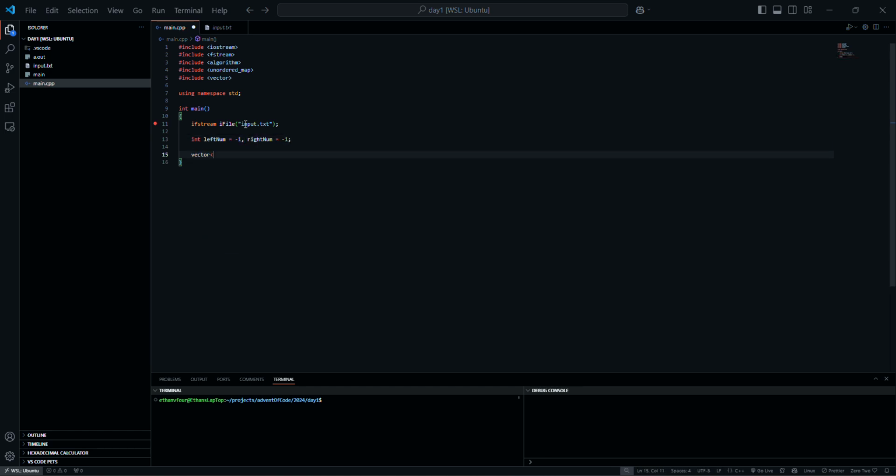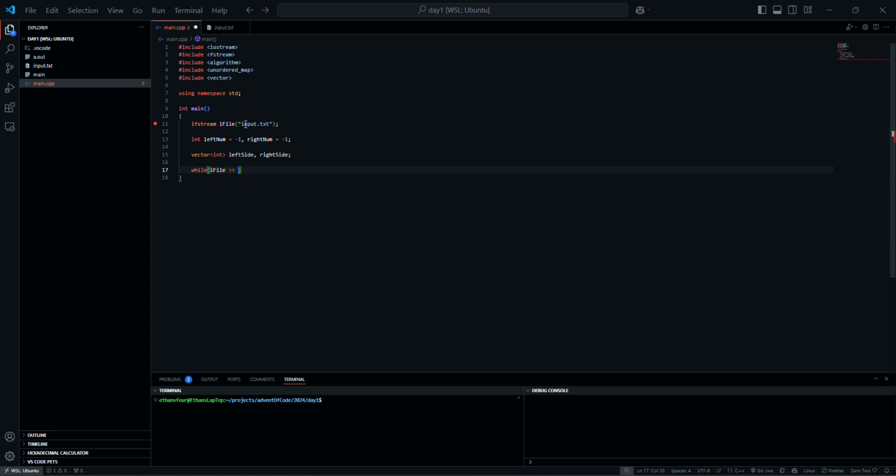And now I have a vector for both. So vector int, I'm gonna have left side and then right side. So it's gonna be the left side of the numbers and the right side of numbers. Now all I need to do is read in the numbers, put them in the vectors, and then from there we'll figure out the rest of it. So I'm gonna have a while loop. I could do a for loop and just do it 1,000 times, but we'll just do a while loop because it's nicer.